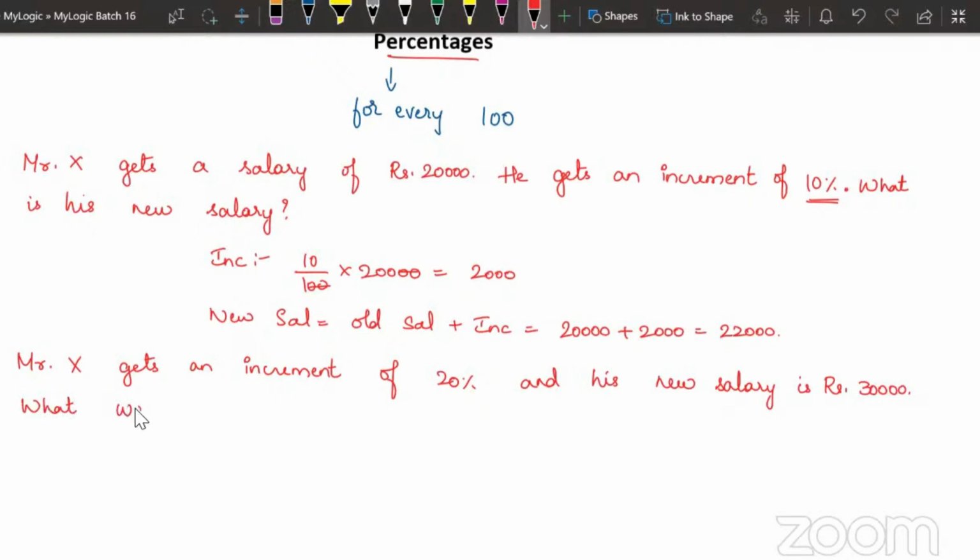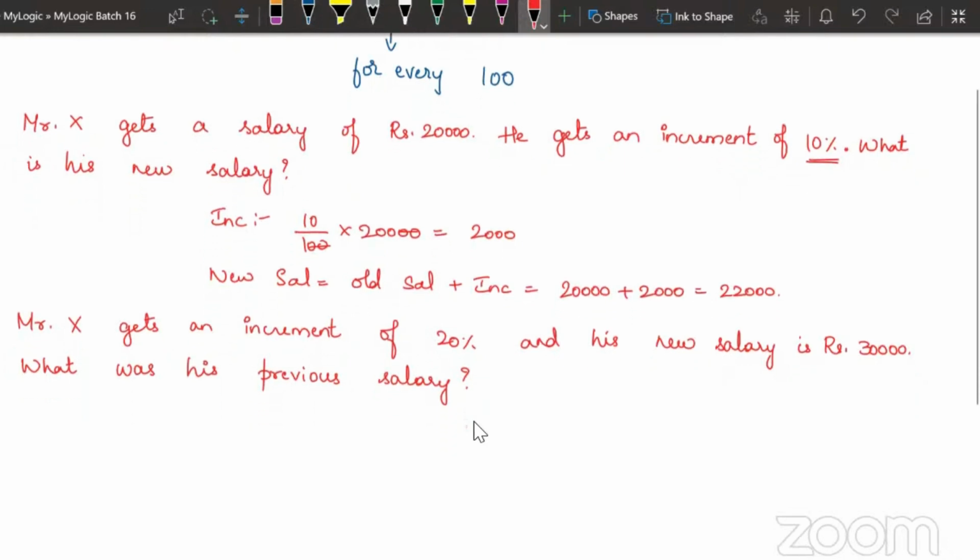Can you give me the answer of this question? Increment is 20% and new salary is 30,000. Please tell me what is the previous salary?